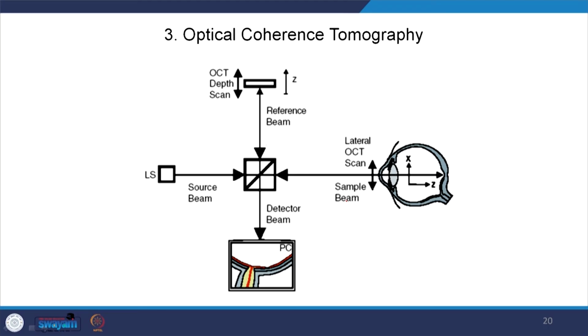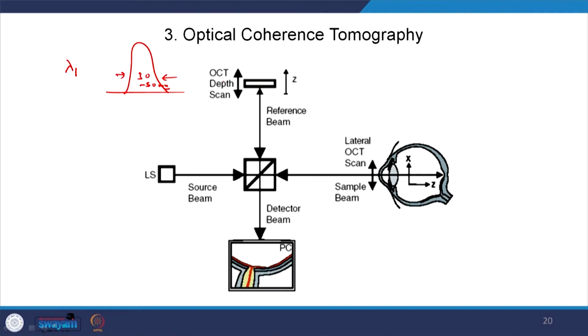Optical coherence tomography. We know that in a Michelson interferometer these two beams interfere and then you get information about delta D. Now, that happens for, say, wavelength lambda 1. Now, if you take a polychromatic source, not exactly, but one having a narrow spectral range, say 30 to 50 nanometer, for each wavelength it has a maximum at different d values.